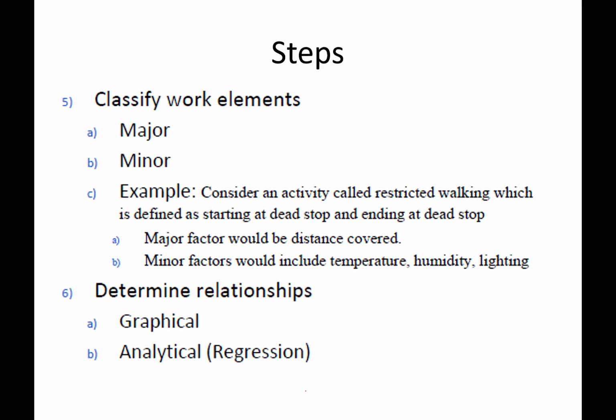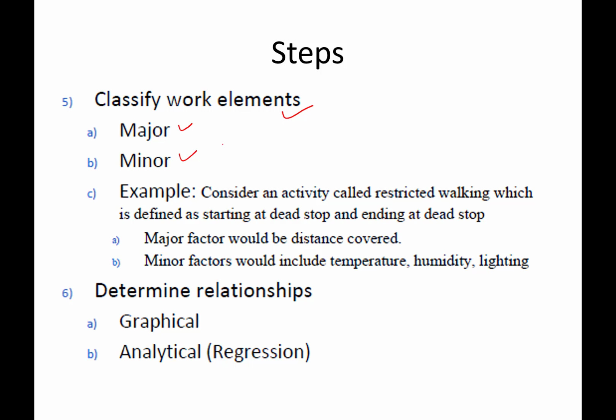So we'll talk in detail about those in the next lecture: how do we arrive at that time value? This is just the classification of the steps which I have already explained earlier, like classifying the elements as major or minor, whether it takes longer or less time, major factors or minor factors affected by the different variables.